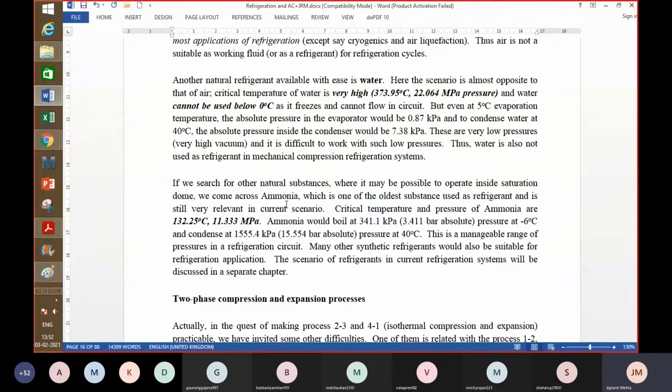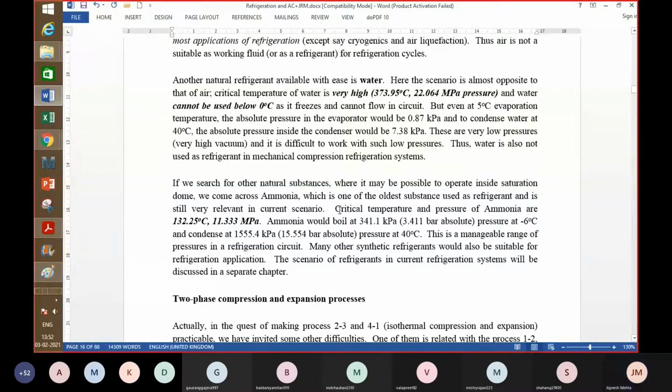But then there were other aspects which were thought of, the effect of those substances on the environment, and again people had to rethink, and again the trend is towards using natural or near-natural substances which will create the least damage to the environment.